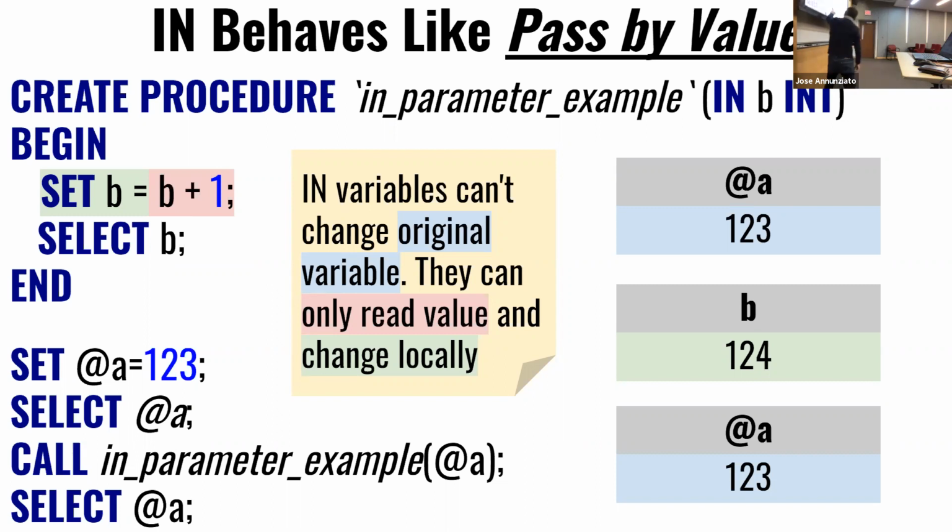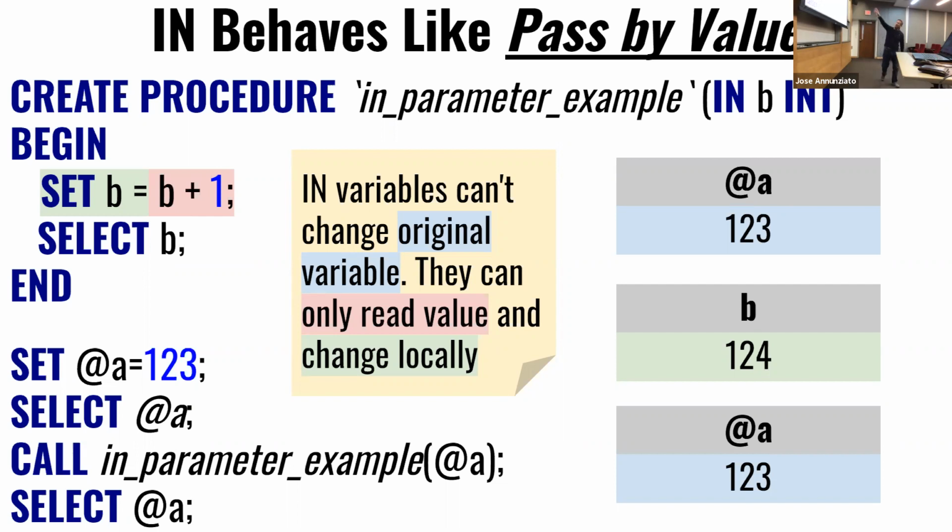But then I'm passing my session variable to my stored procedure over there. Notice that the parameter variable was declared as an IN, meaning that this is a pass by value. So b over here gets the value of 123.